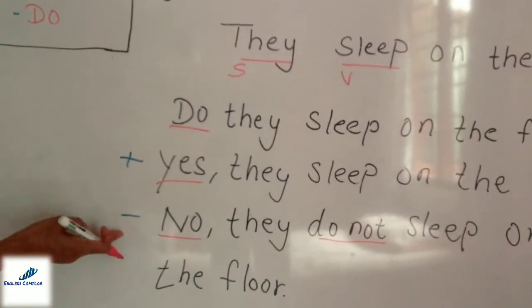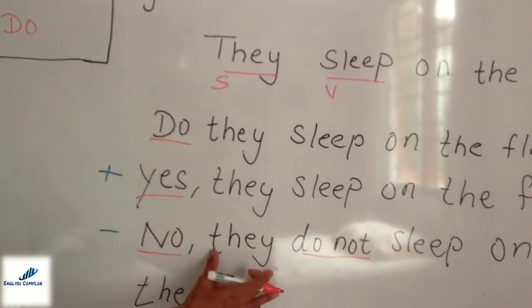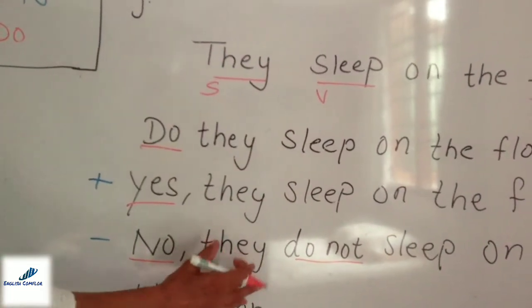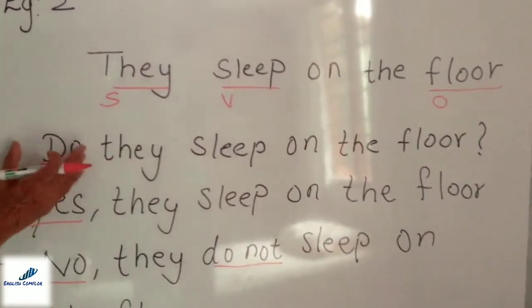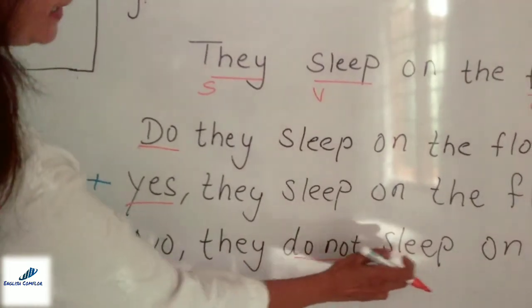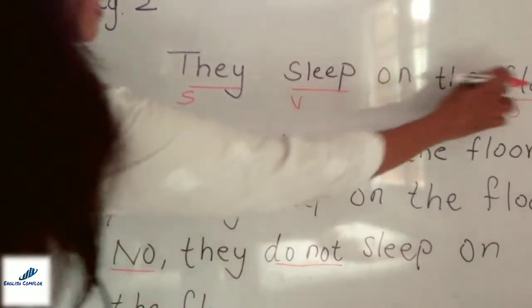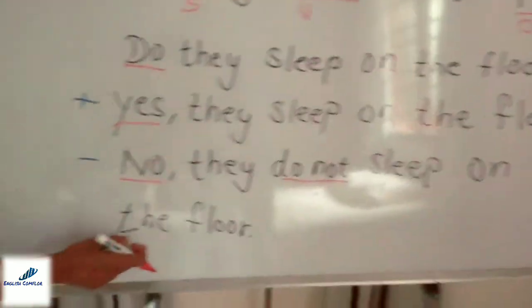Now the negative sentence, no. After no you have to write the subject here, and then because it is no you have to write do not or does not. Here it is do, so it is do not here, and then the third step is copy this as it is. Sleep on the floor.